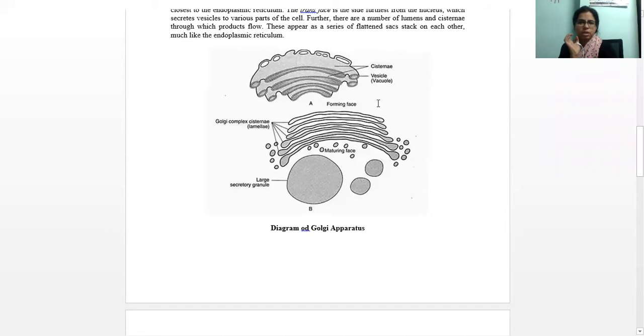This is the forming face, and these are the Golgi complex cisternae, and these are the vesicles. These are secretory granules which have secretory proteins, and these are the cisternae, and these are the sacs or vacuoles. And this one is the forming face, and this one is the mature or trans face.